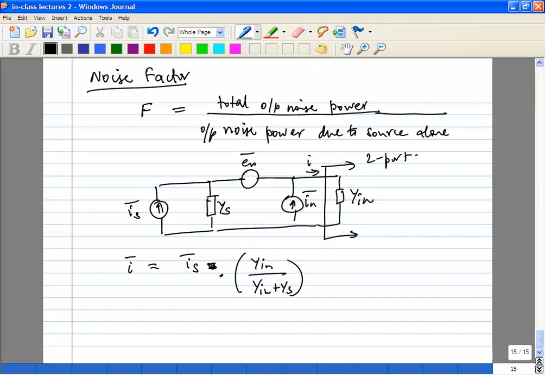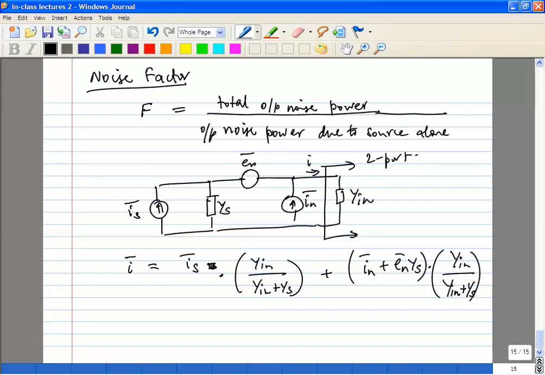That is the current from Is, plus now you have In plus En times the source admittance term.